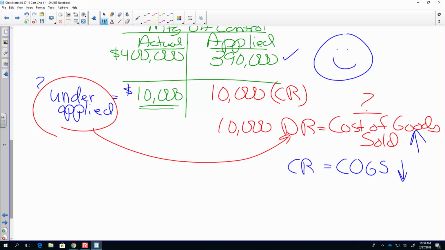Remember in intermediate, you have an unadjusted balance? And then you make your adjusting entries, and then what you have left is an adjusted trial balance. This is part of that process, getting my cost of goods sold to not a fake number, but an actual number, right? Now I'm back in business.